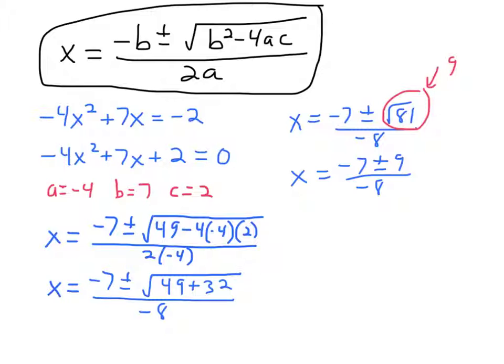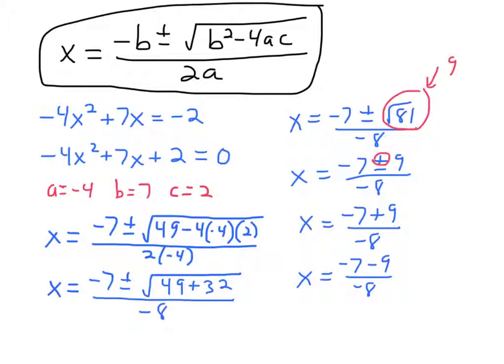And when you get a whole number like that, you actually want to do the math with a plus sign and then do it with a minus sign. So if you start with a plus sign, do them separately, in other words. So you get negative 7 plus 9 divided by negative 8. And then for your other solution, you're going to get negative 7 minus 9 divided by negative 8. And just simplify each one.